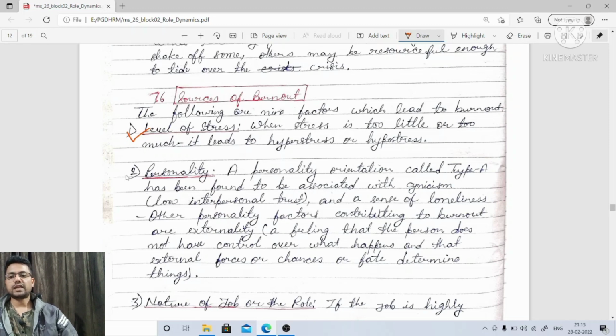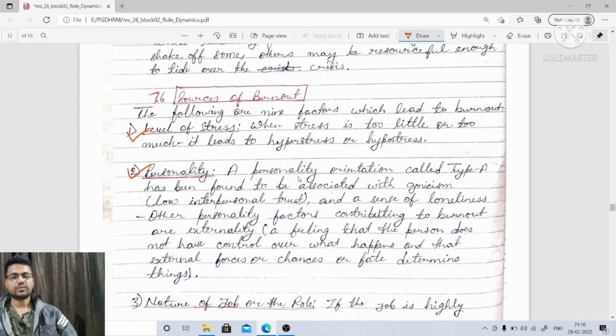Second, the personality. A personality orientation called type A has been found to be associated with cynicism, meaning low interpersonal trust and a sense of loneliness. This is the characteristic of the type A personality, and this personality may also affect the stress level.